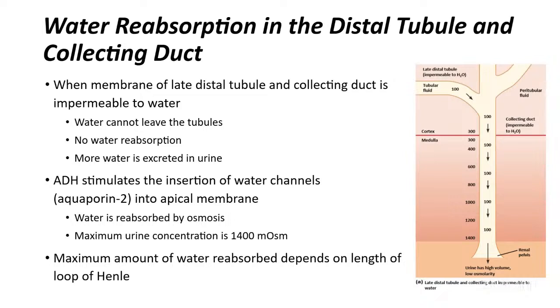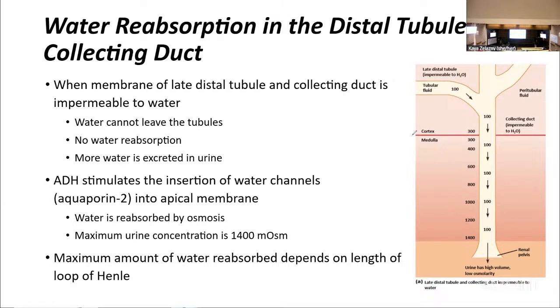Okay, so as we're talking about the reabsorption in the later parts of the nephron, so the late parts of the distal tubule, and as we move into the collecting duct, which is where we have all the nephrons dumping together, we're traveling back through the medulla, right? So we set up the properties of the medulla with the loop of Henle.